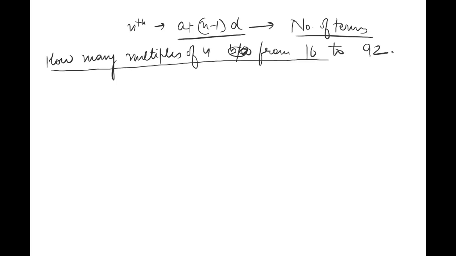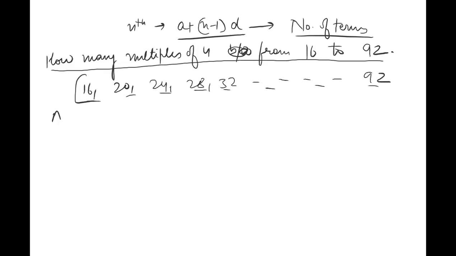That's the question. So first 16, 20, 24, 28, 32 till 92. How many terms are there? First of all, is it an AP? Yes. Multiples of 4, obviously it's an AP. The difference between any two consecutive terms is 4.